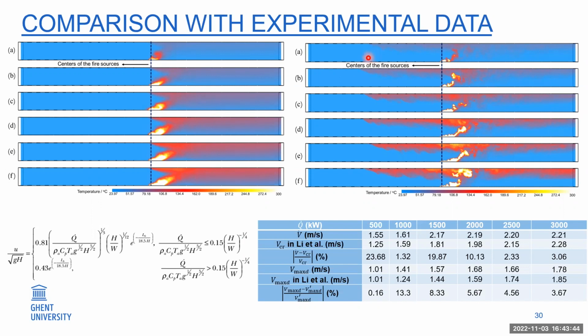So we also substitute this backlayering length into this equation, and we can calculate the ventilation velocity by Li et al.'s correlation, and we can also investigate the ventilation velocity obtained by our method. And after the comparison, you can find the maximum relative error is around 8%.